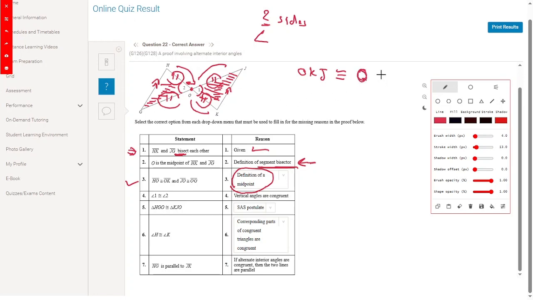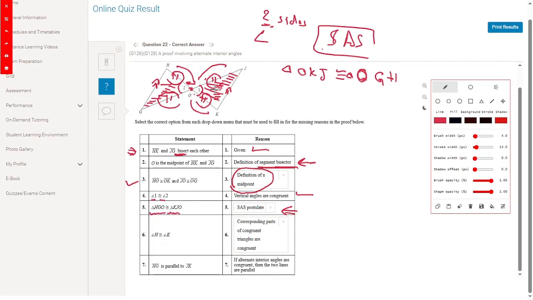So these two triangles are congruent because of two sides and one angle, so it's the SAS postulate, side angle side. Triangle HGO is congruent to KGO because of the SAS postulate.